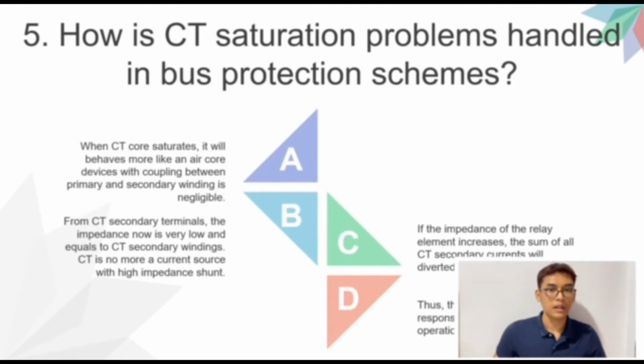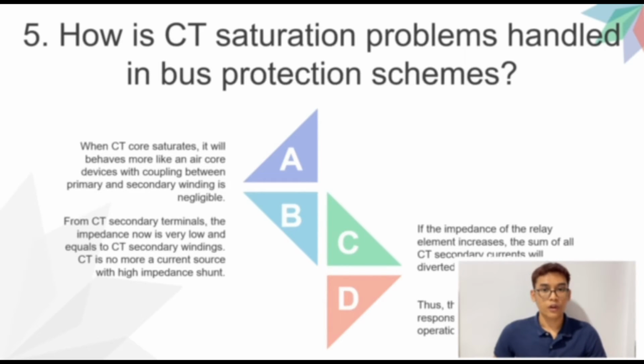So the CT terminal is no more a current source with high impedance. So if the impedance of the CT increases, the sum of all CT currents will be divided into the impedance part. In conclusion, we can say that CT saturation is responsible for a safe fault operation.